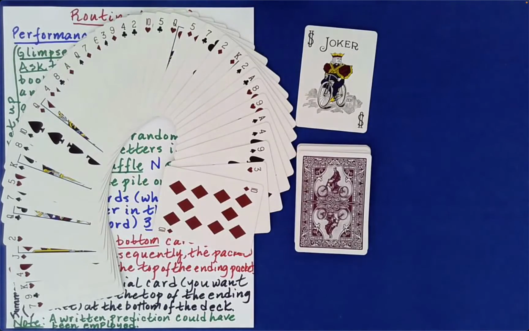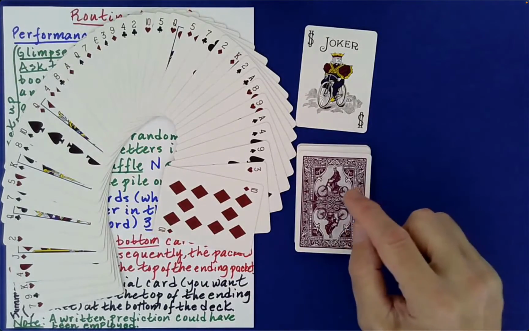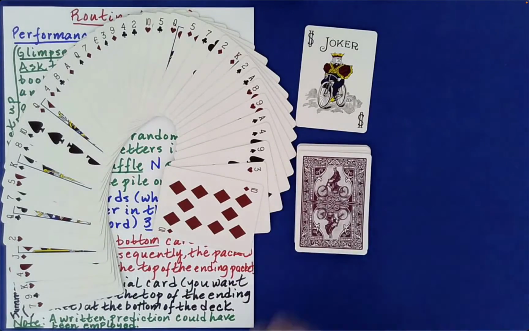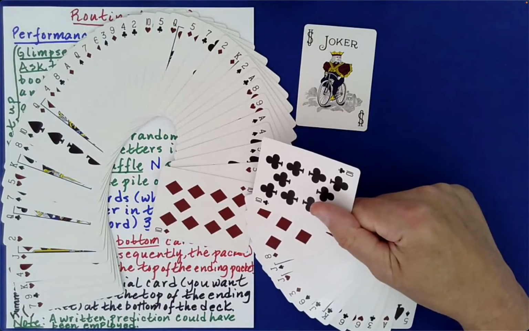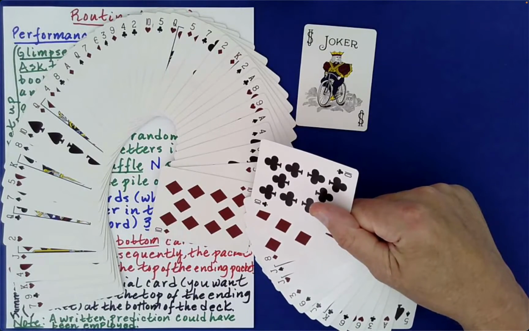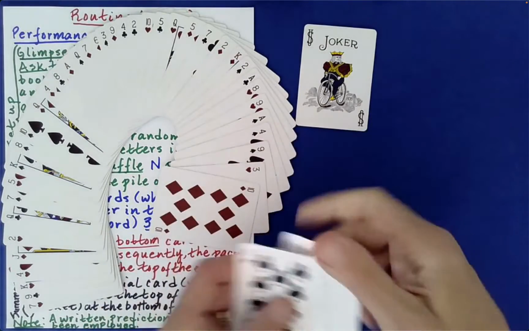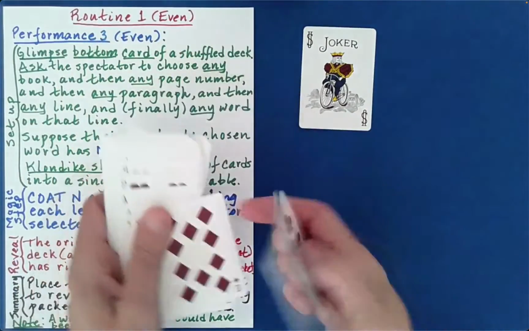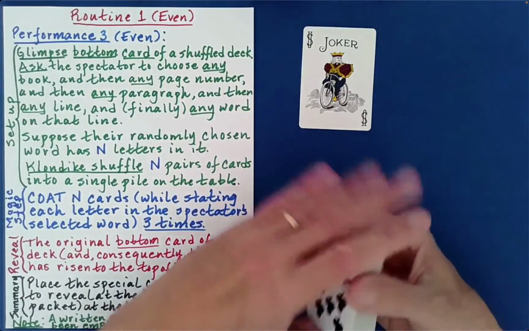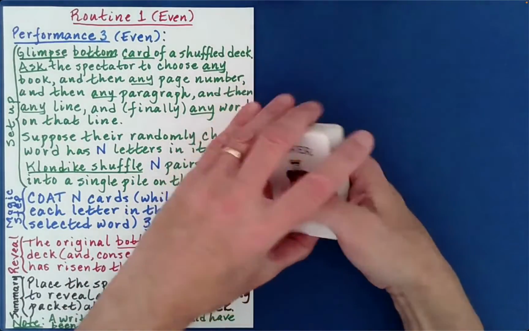Those decisions have led to the discovery and revelation of the only joker in the entire deck. How is that possible? Well, it's the Third Time's the Charm principle in action.